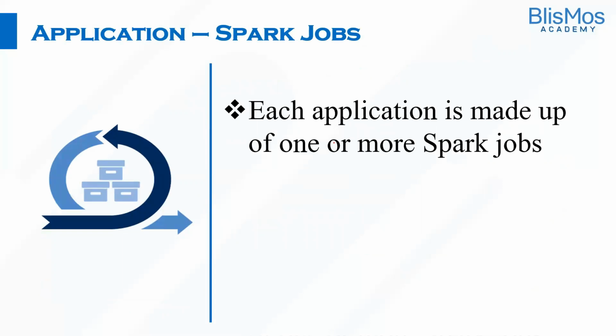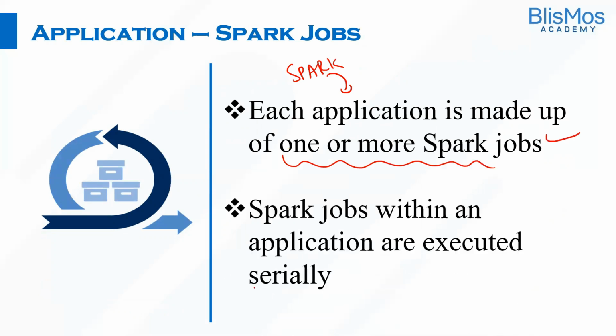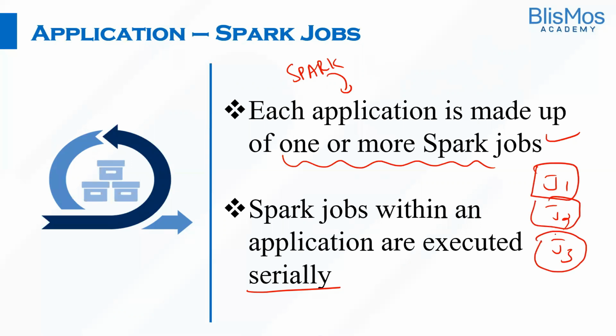When you submit an application, each application, we are talking about a Spark application here, would have one or more Spark jobs. And these Spark jobs are executed serially. Means let us say job 1, job 2, job 3. They are not executed in parallel. They are executed one after the other. We understood an application is made up of one or more Spark jobs.